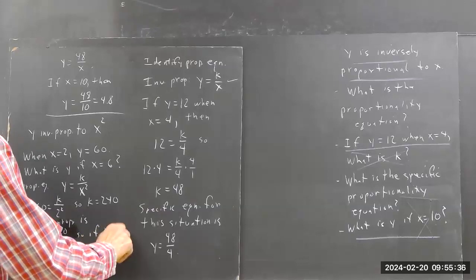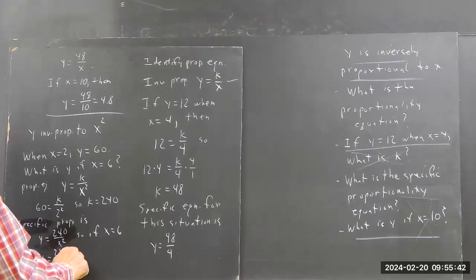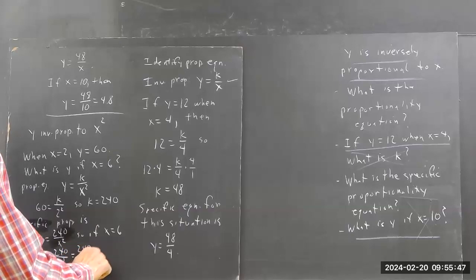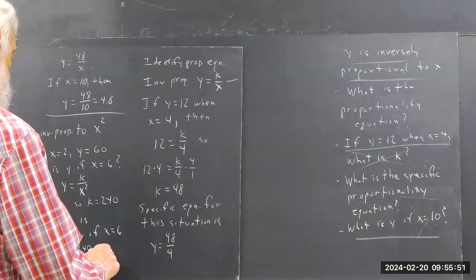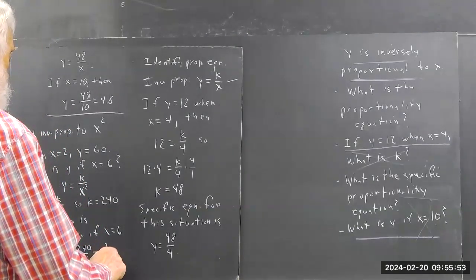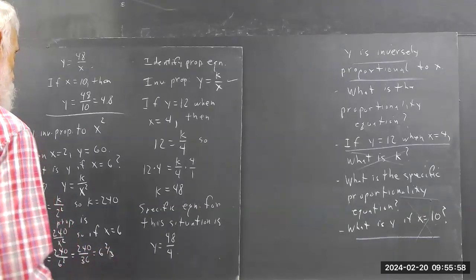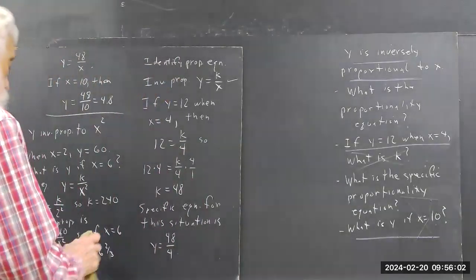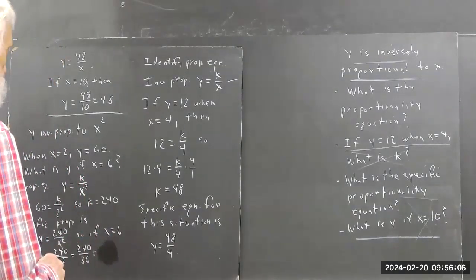So if x equals 6, y equals 240 over 6 squared, which is 240 over 36, which is, I believe, well, let me write it in fractions. Okay, I'm going to reduce the fractions.